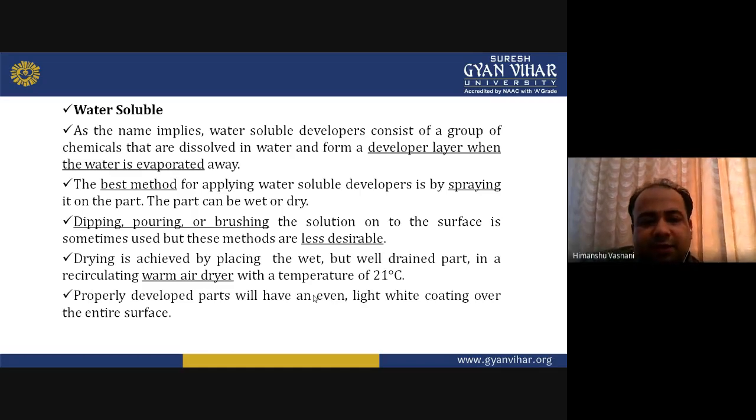Now, drying is achieved by placing the wet but well drained part in a circulating warm air dryer at a temperature of 21 degrees centigrade. Properly developed parts will have an even, light white coating over the entire surface. So in this way, water soluble developers are used.